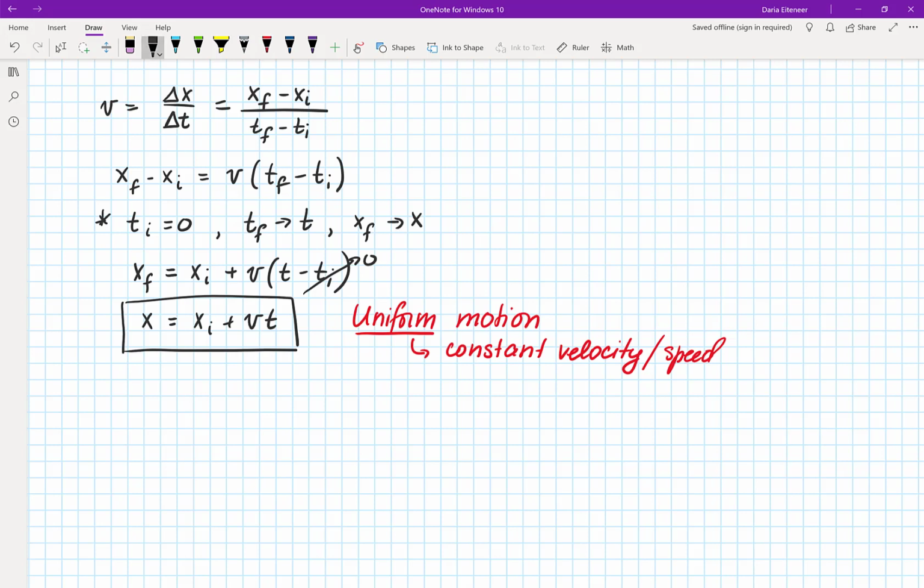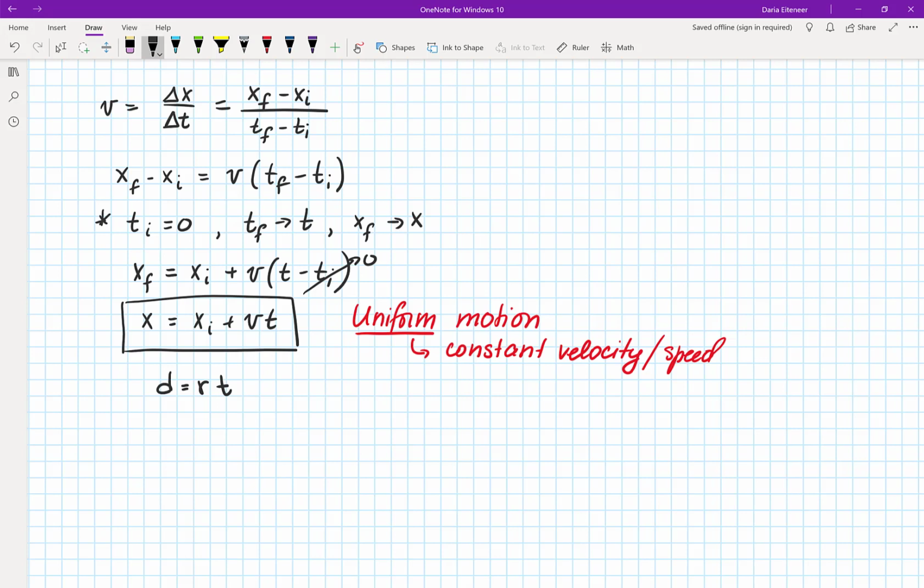In fact, I bet you have seen this equation before, except it probably was written this way. D equals RT. Distance equals rate times time. So distance is now, in physics, replaced with position, right, or displacement. And then, of course, instead of rate, we write velocity, because velocity is rate of change of position.